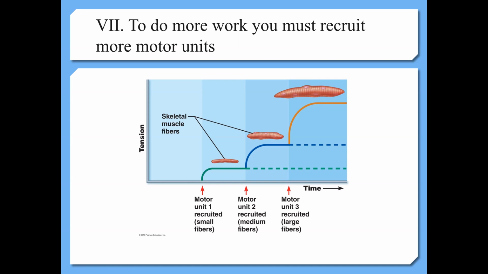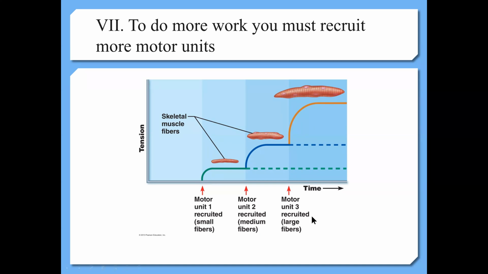As opposed to if you're at the gym doing leg extension exercises, extending your knee, and as the weight goes up, you are recruiting more and more fibers to develop tension to move that weight, until the weight is so great that you have developed tension, but you're not moving the weight. And we'll talk about that in a little while.